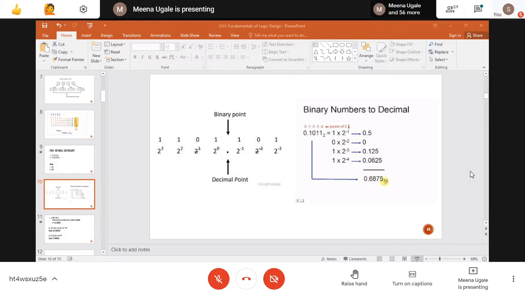Take 1 minute and note down this example. In the paper, normally you get a question for this. 2 marks, simple question, and some binary numbers are given to you. The question is to convert it into the equivalent decimal, or any octal number is given to you and the question is to convert it into the equivalent decimal or binary. So very simple, interesting part, and you normally get stepwise marks in the exam.